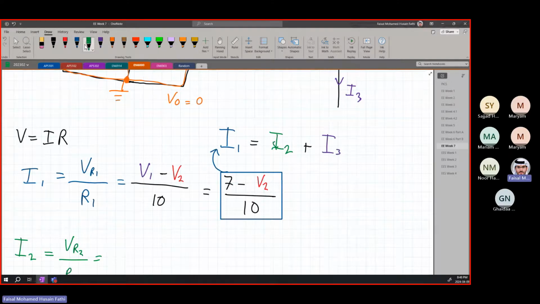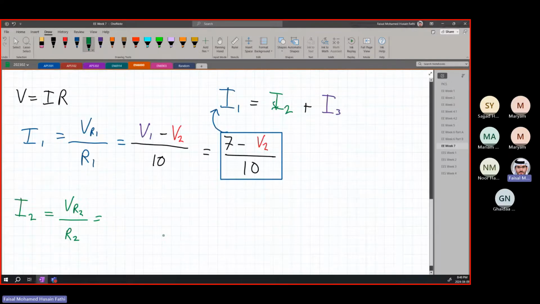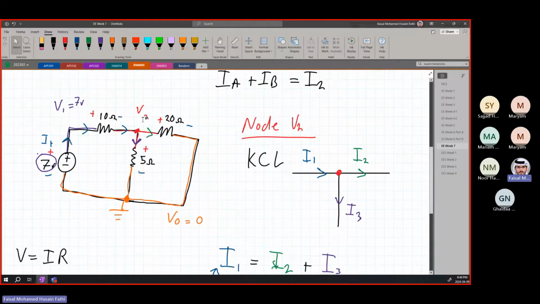Again, the same thing we will do for I2. It's VR2 over R2. If we look at the circuit here, where is VR2? This is VR1, this is VR2, the voltage drop over here, and this is VR3, the purple one. So we're looking at VR2 now.